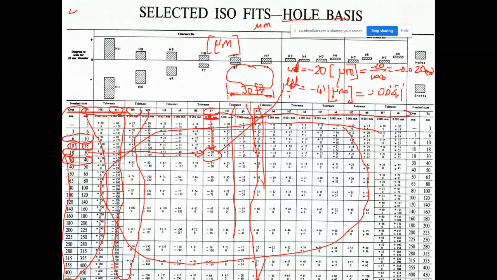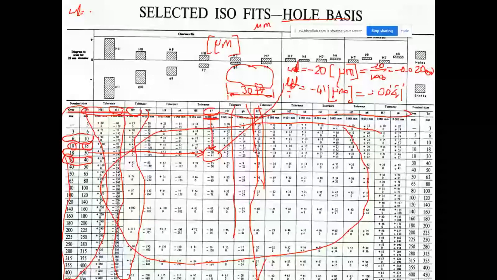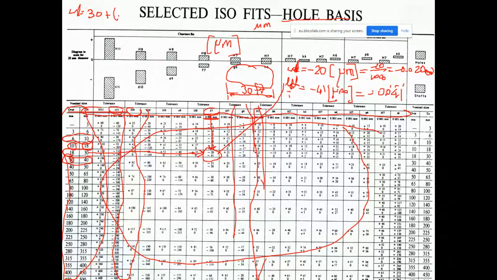Now, the upper limit is equal to upper deviation plus nominal value. Nominal value in our example is 30, plus the deviation value, minus 0.020.